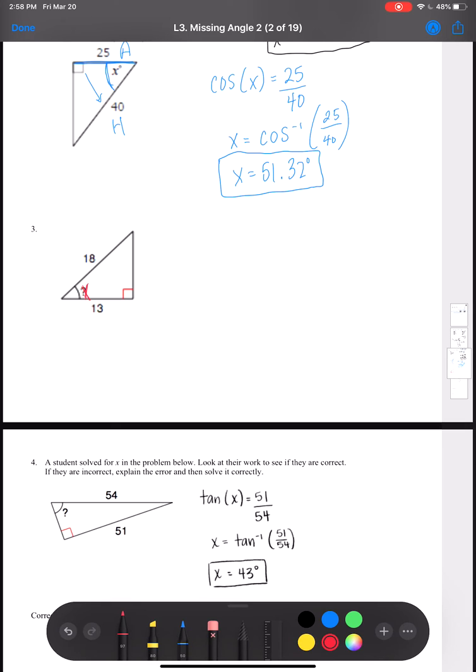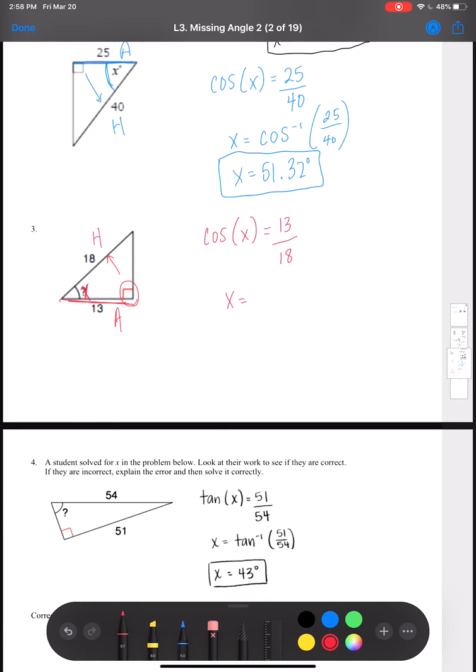So we're looking at this angle. Here's our right angle. So hypotenuse is 18. And we're looking at this side with the 13, so that's adjacent. So cosine, because it's A and H, adjacent and hypotenuse, of our missing angle is equal to 13 divided by 18.